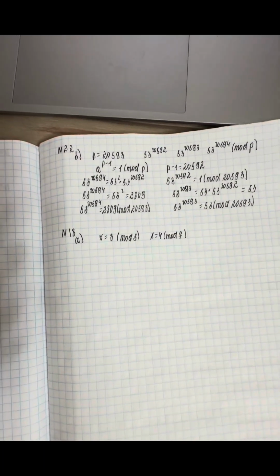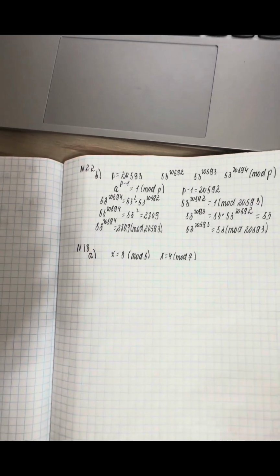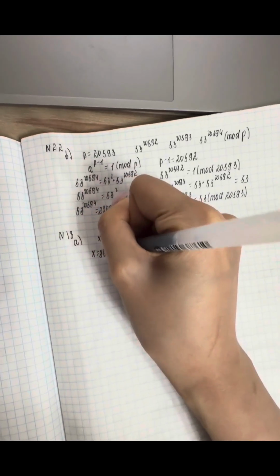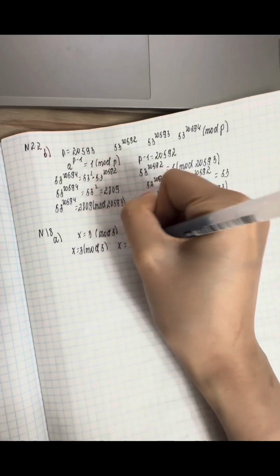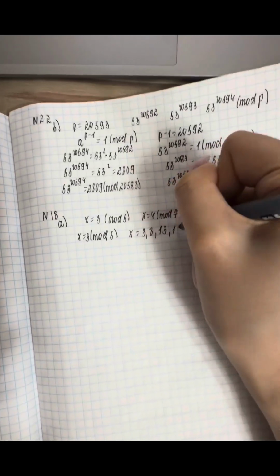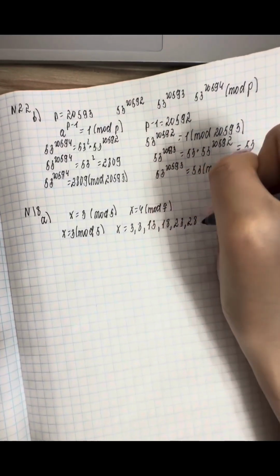First I find the numbers that are congruent to 3 modulo 5. This is 3, 8, 13, 18, 23, 28, and so on.